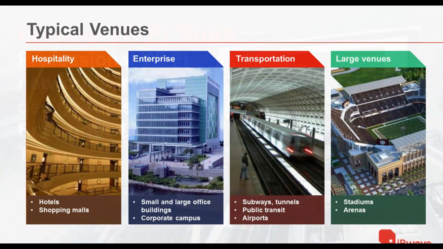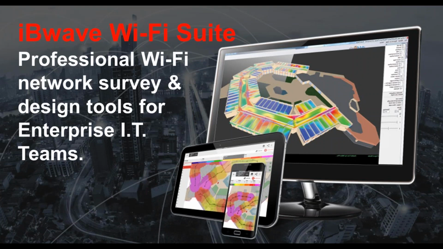So that's just an introduction of who we are, and now I'm going to focus on the iBwave Wi-Fi Suite, which is our professional Wi-Fi network survey and design tool for enterprise IT teams. You can see from the picture that it's really comprised of two parts. It has a PC version and it has a mobile app for Android.